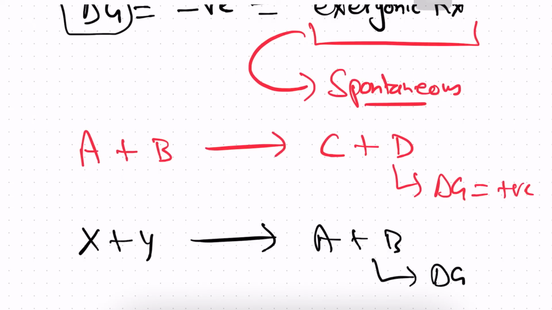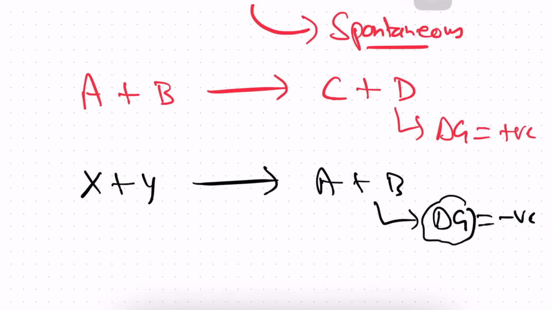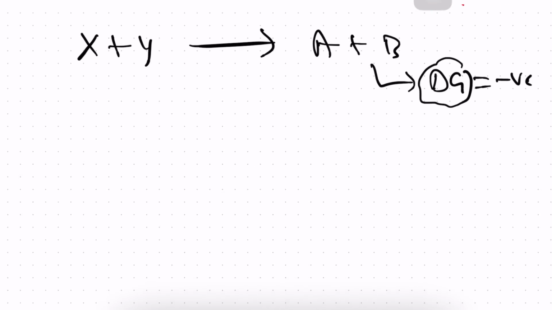If the value of delta G comes out negative, then this reaction is going to proceed in the forward direction. So this concept of Gibbs free energy tells you in which direction any reaction is going to proceed.